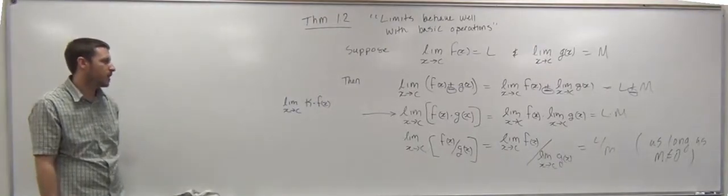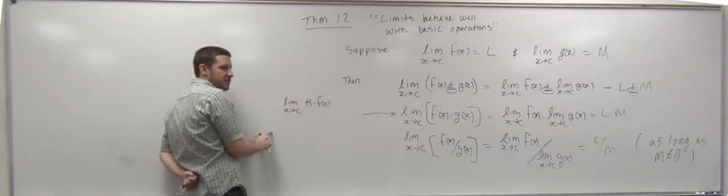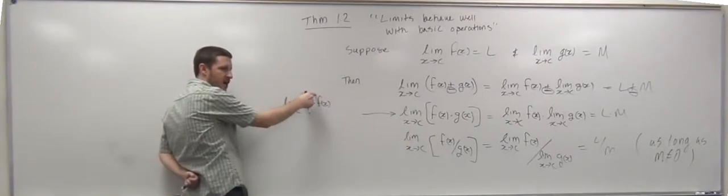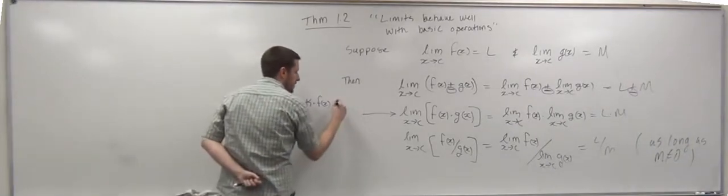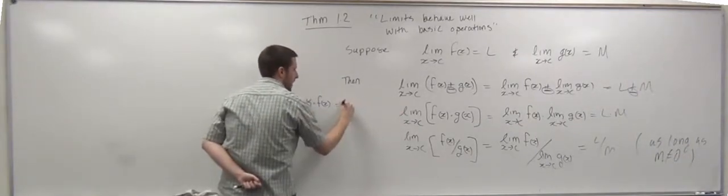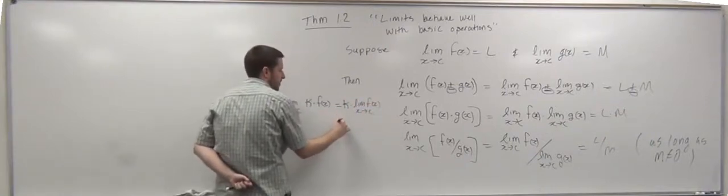K L. Yeah, you can still do the limit. You can do the limit of k and you can do the limit of f. But the limit of k, since it's a constant, is just k again. So this ends up being k times the limit of f, which is kL.